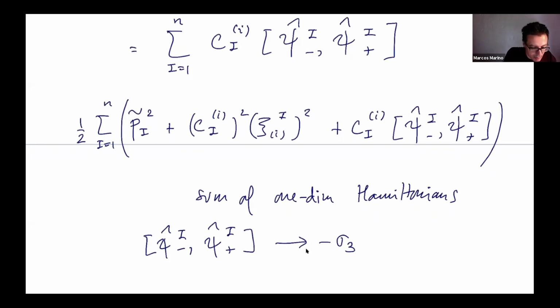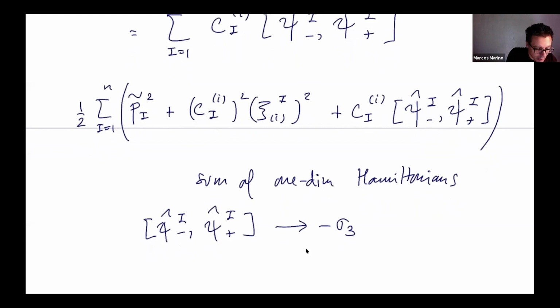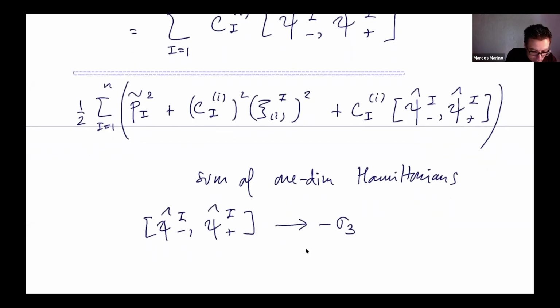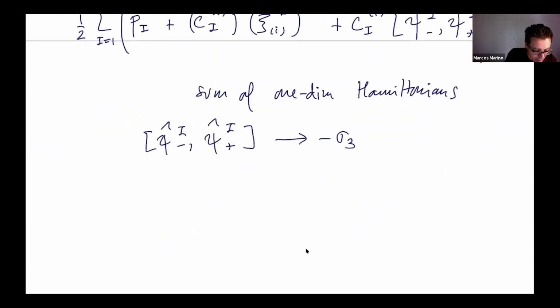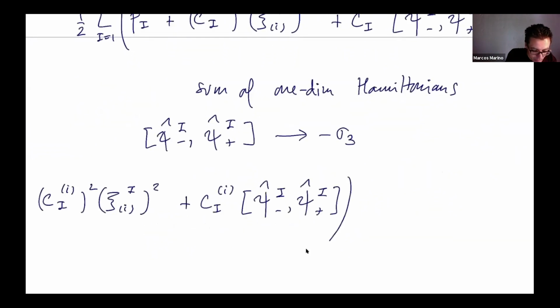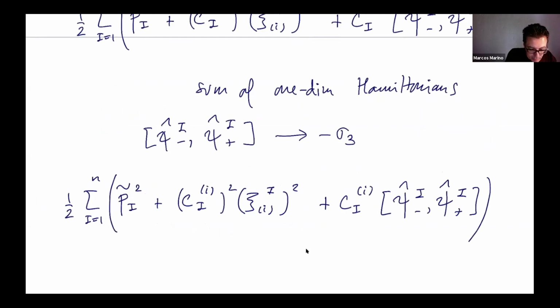So at the end of the day, I can go here and I can replace this, just forget about this and put a matrix representation.